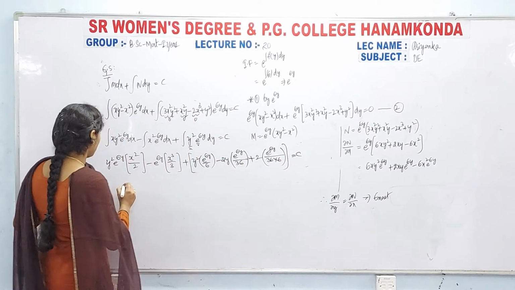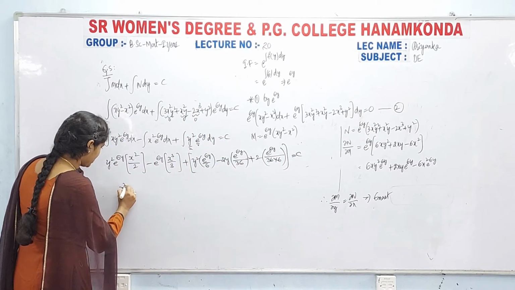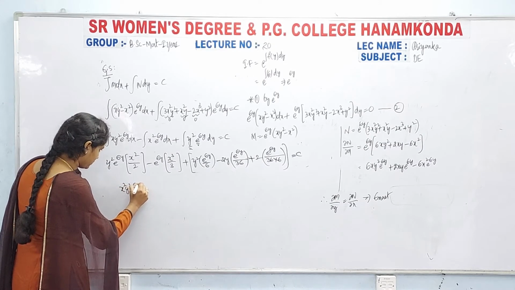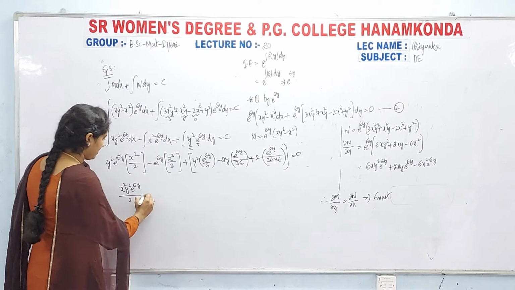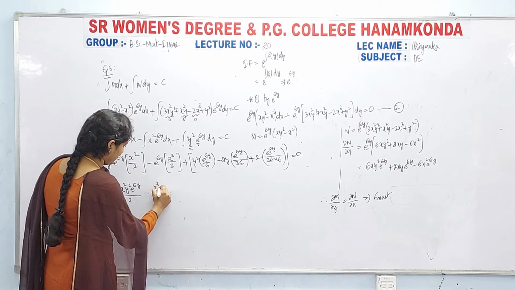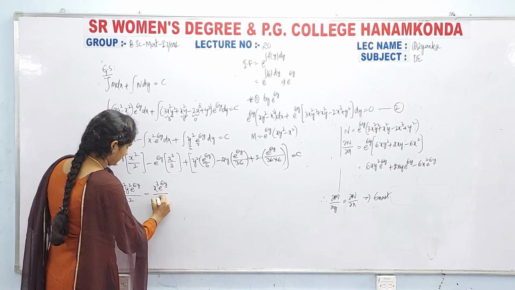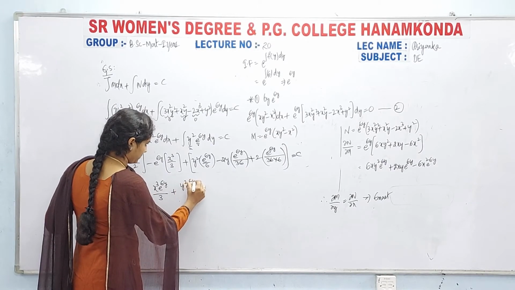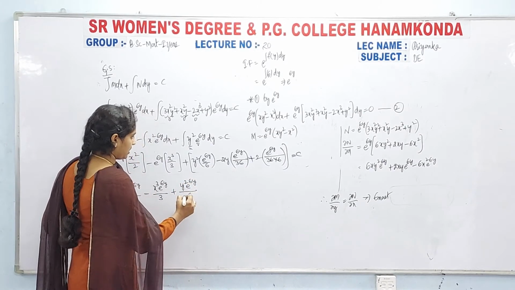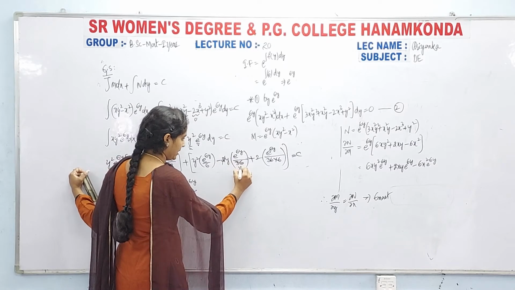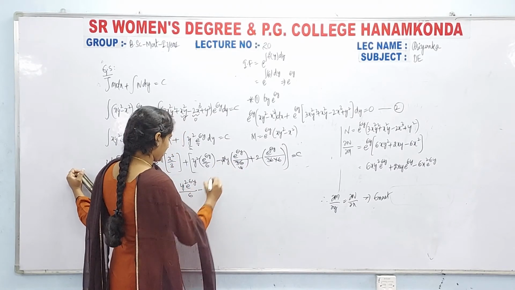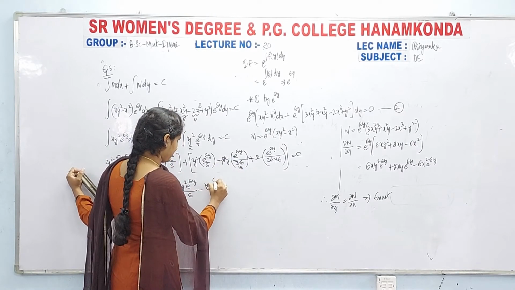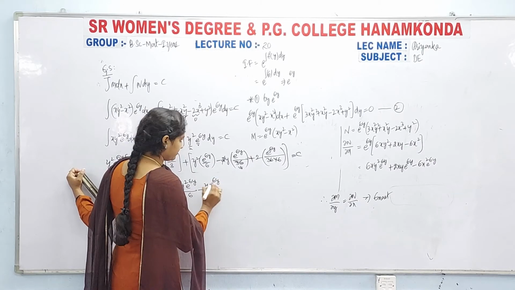Next I am writing in order: x square y square e power 6y by 2 minus x cube e power 6y by 3 plus y square e power 6y by 6 minus y into e power 6y by 18.